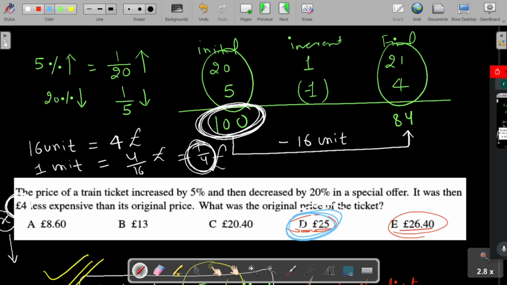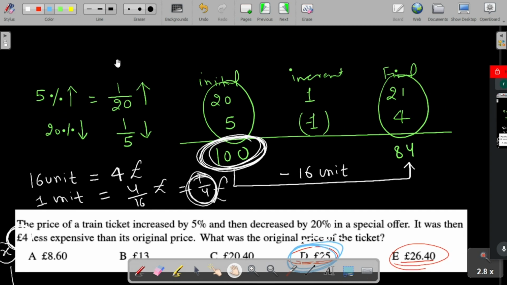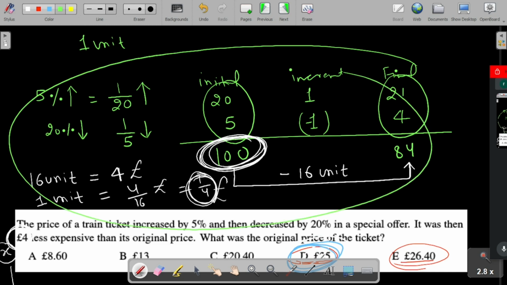So see, Akash, where is the confusion or any doubt? Tell me. The last part after 1/4. Okay, see, this is our calculation. 1 unit, according to our calculation, stands for 1 by 4 pounds, isn't it?